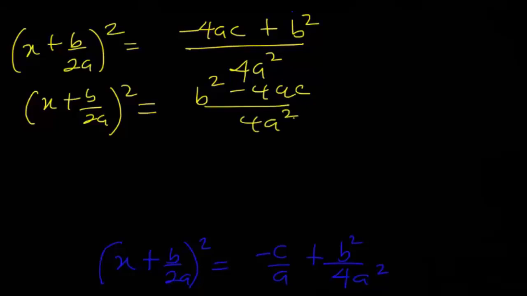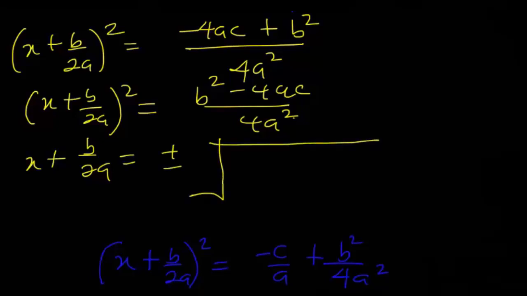over 4a squared. Okay? If you do that, you now have x plus b over 2a, which is equal to plus or minus square root of everything you have there, which is b squared minus 4ac all over 4a squared.